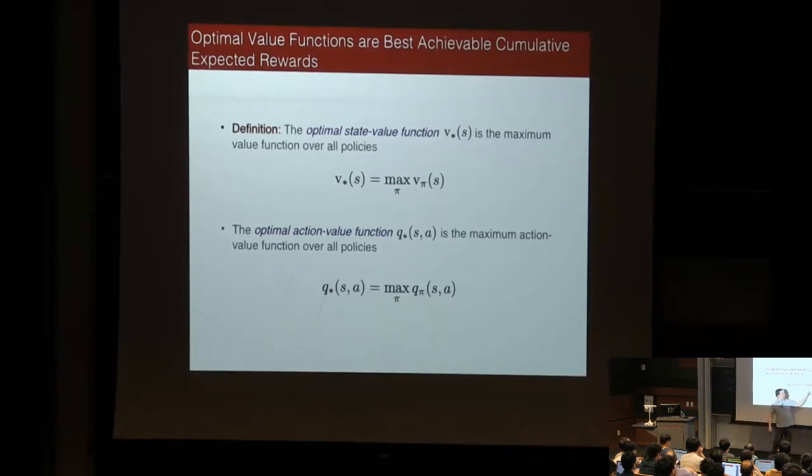So whatever policies you throw at it, it just takes the maximum. This would be your optimal value of the state or optimal action value function, okay? And ultimately, in the next class, we're going to look at some ways of trying to estimate these things, right? So that's finding the optimal policies, basically.